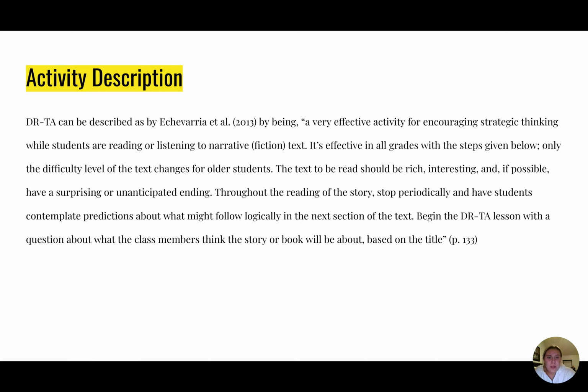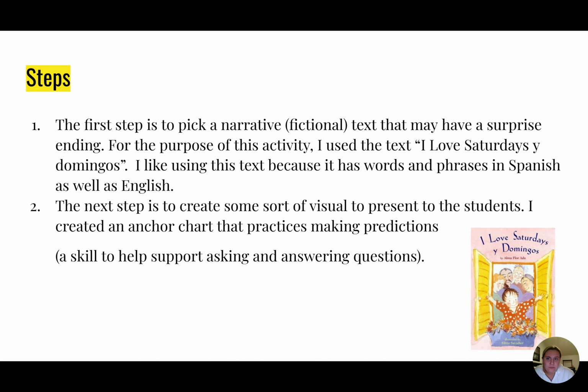Throughout the story, stop periodically and have students contemplate predictions about what might follow logically in the next section of the text. Begin the lesson with a question about what class members might think the story will be about based on the title or the front cover of the story. So this is from Echevarria, 2013, and that is the strategy that I pulled from the SIOP book.